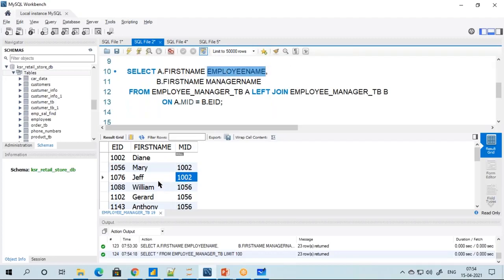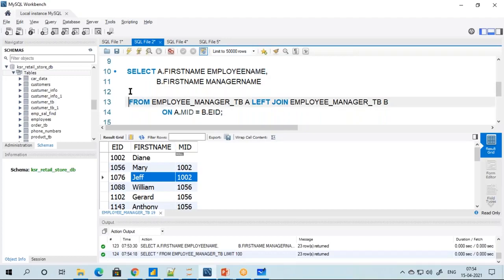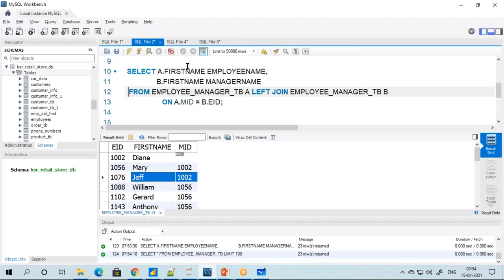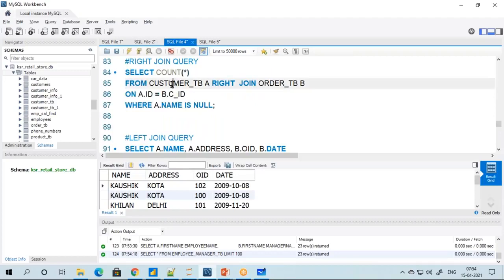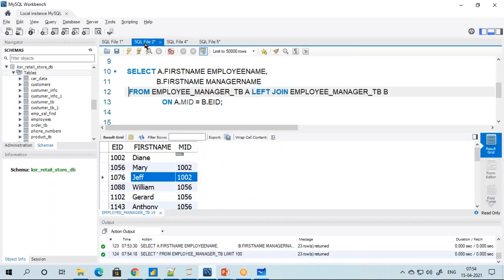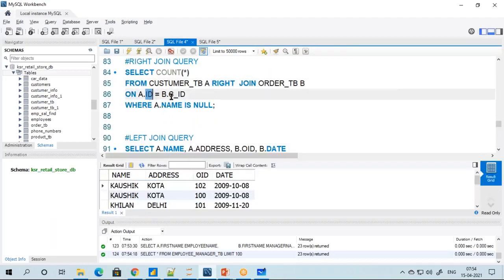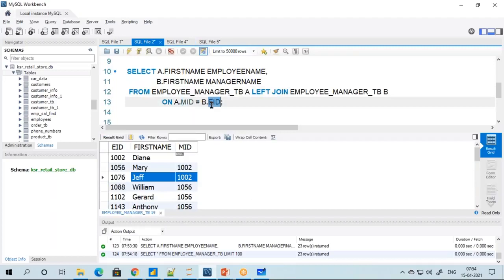If I take this, I will take it as the manager name. So this is the syntax. Very important. The only change between the previous one and this one is that there I had two tables, here I have the same table. There I was joining ID with customer ID, here I am joining manager ID with employee ID, so that I will get to know who is linked with whom.